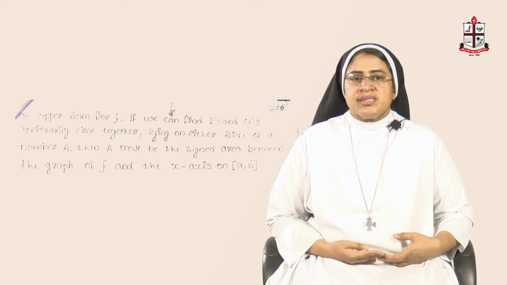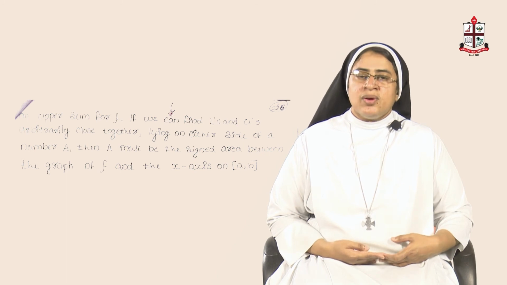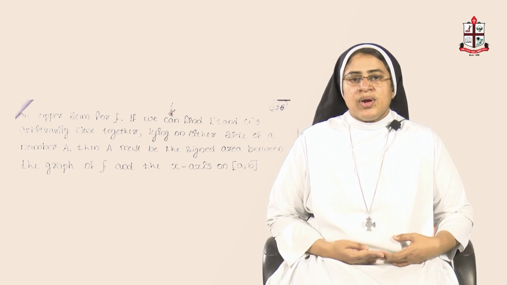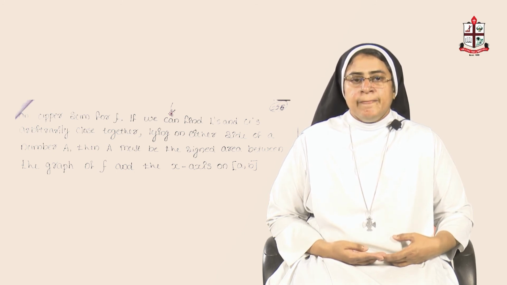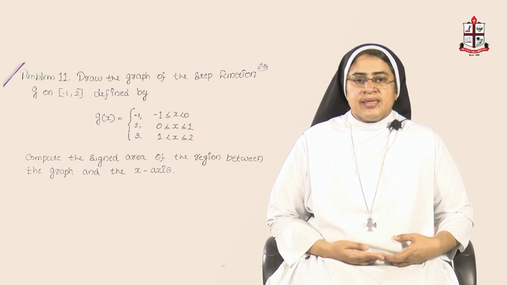If we can fix the lower sum L and the upper sum U arbitrarily close together lying on either side of a number A, then A must be the signed area between the graph of f and the x axis on the closed interval [a, b]. So, when we say this, it is possible to find the signed area.